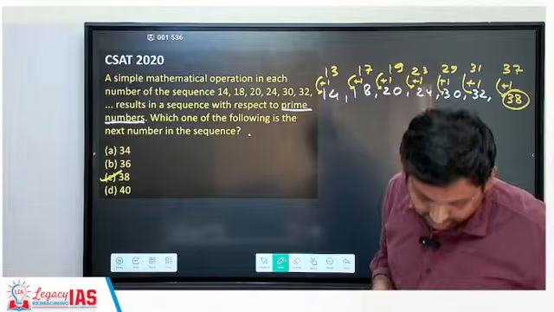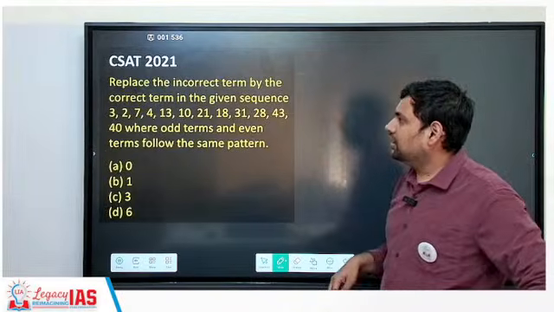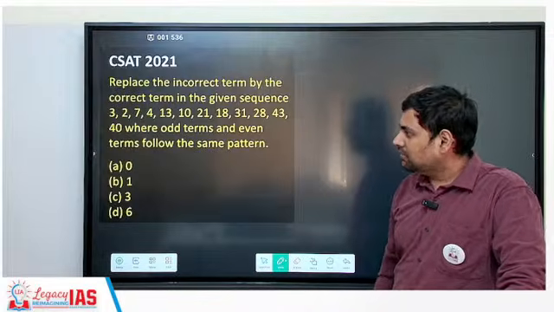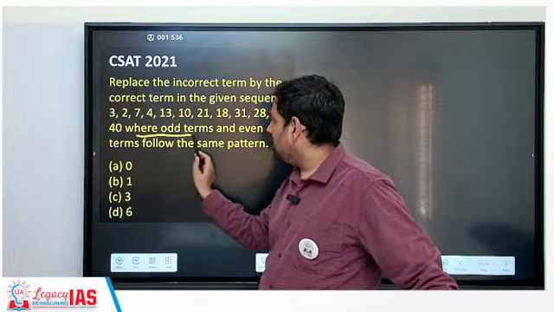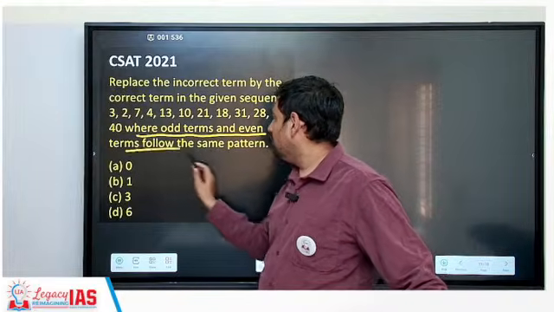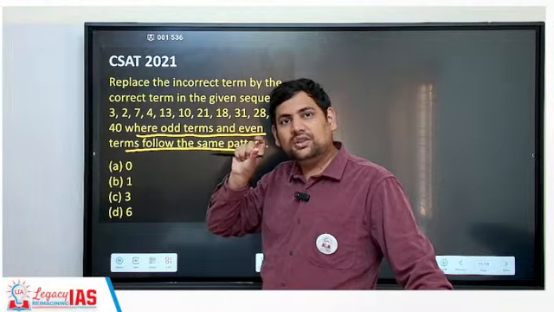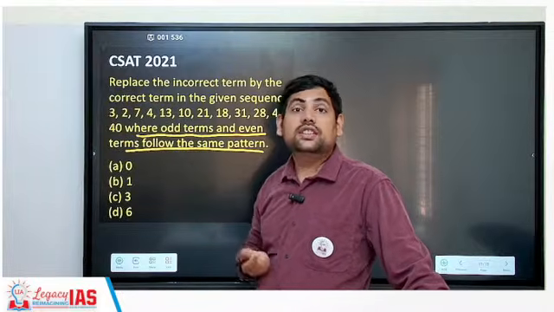Okay. Then next, replace the incorrect term by the correct term in the given sequence where odd terms and even terms follow the same pattern. Now again, they have given you the hint where odd terms and even terms follow the same pattern. That means this is a series of odd elements separately and even elements separately.